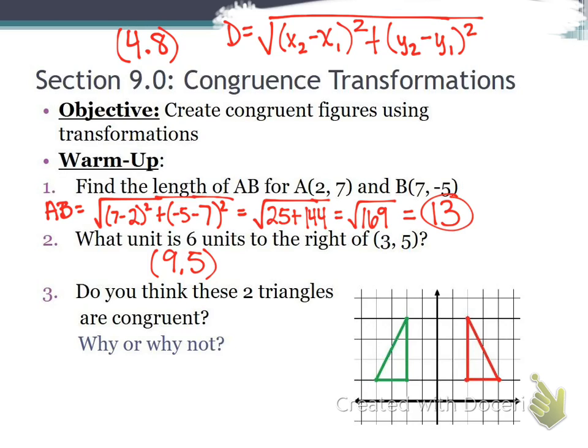Okay. Number 3 asks, do you think these 2 triangles are congruent? Why or why not? Paris, what do you think? I don't think we have to use a specific term. I agree that these are congruent, but we have to say why we would think that they are congruent. Kobe, what do you think?